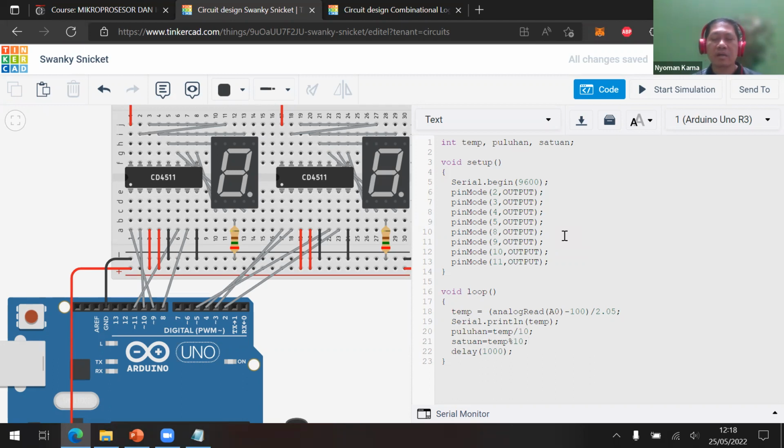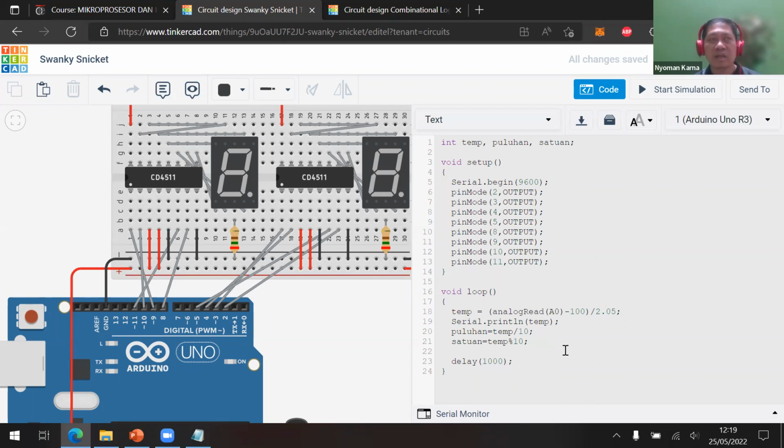Now how can we send puluhan and satuan to the 7 segment? Because puluhan could be 1, 2, 3, 4, 5, 6 until 9, and satuan also could be 0 up to 9.